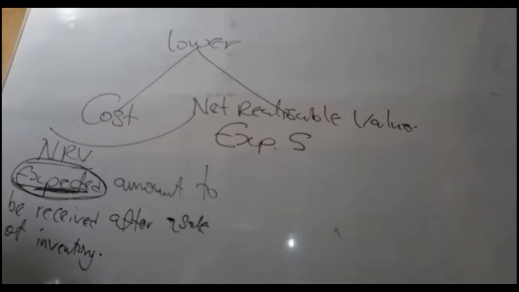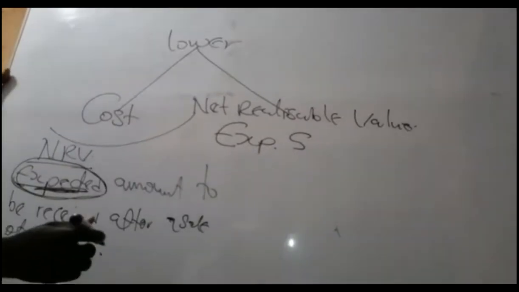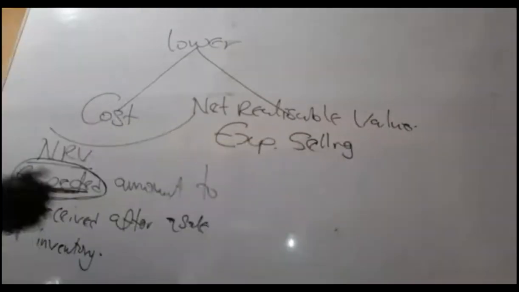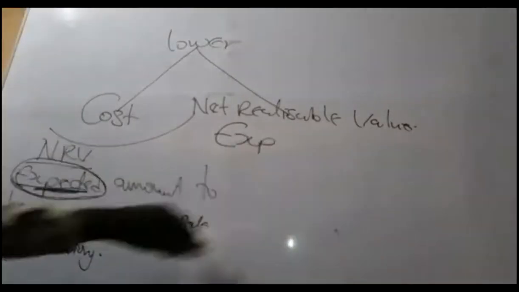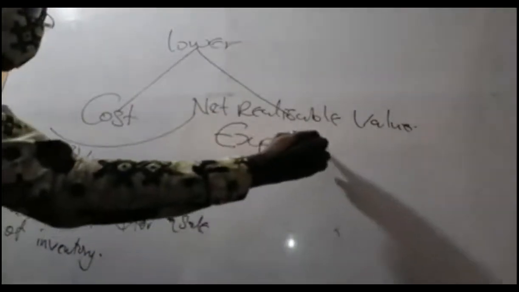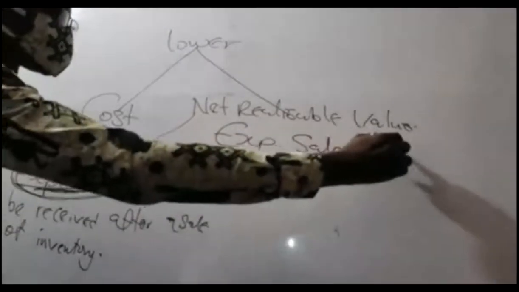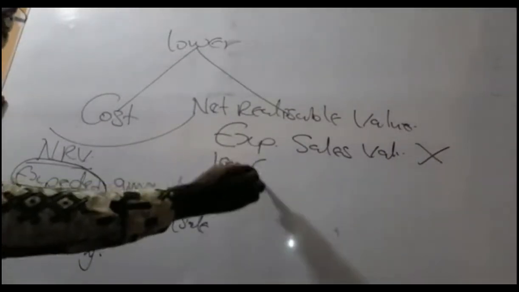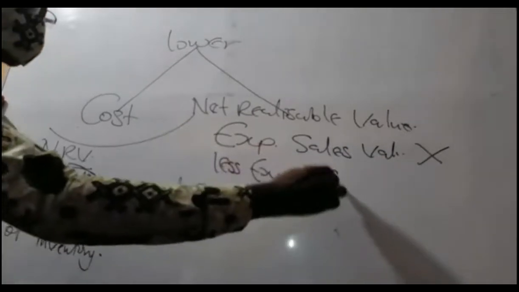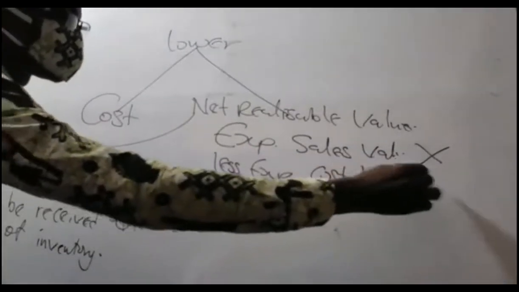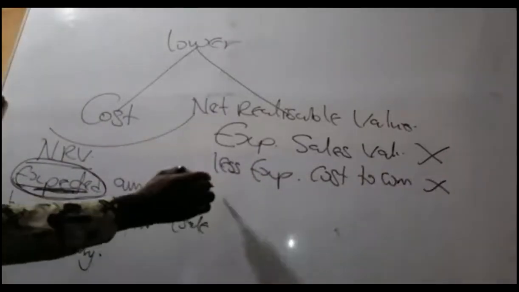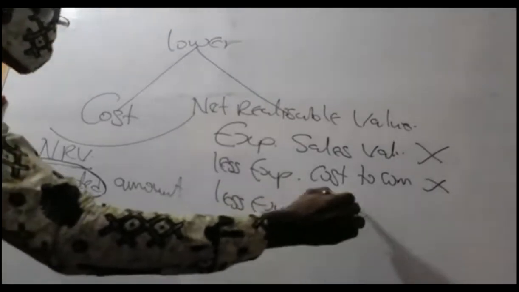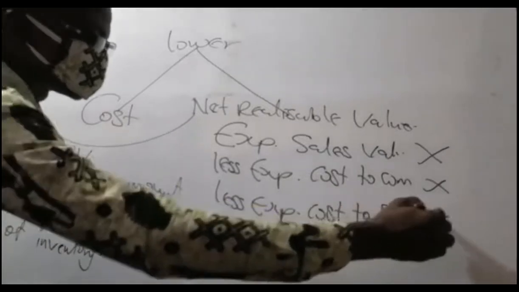So expected selling price of the inventory, or expected sales value, less expected cost to complete, less expected cost to sell the inventory.